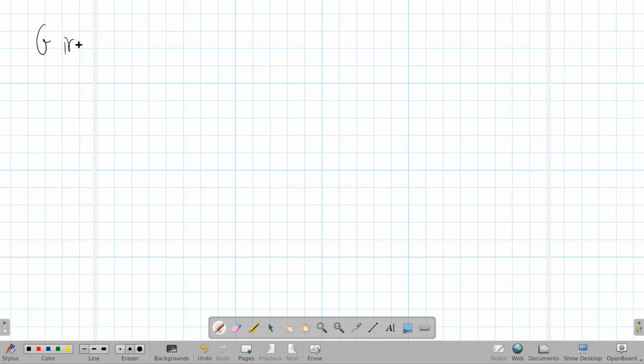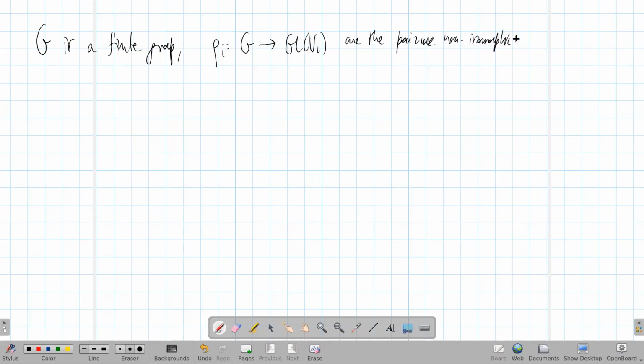G, as usual, is a finite group, and rho_i from G to GL(V_i) are pairwise non-isomorphic irreducible representations of G. We know that there is only a finite number because they are the irreducible representations that occur in the regular representation.